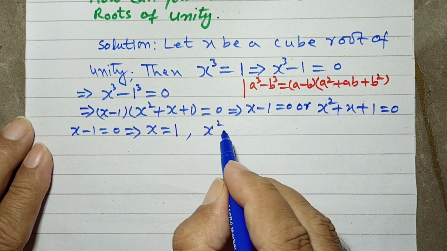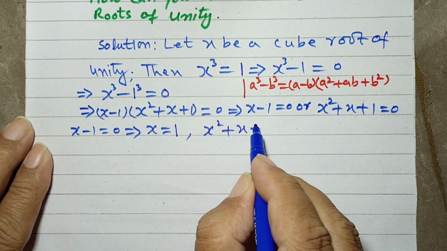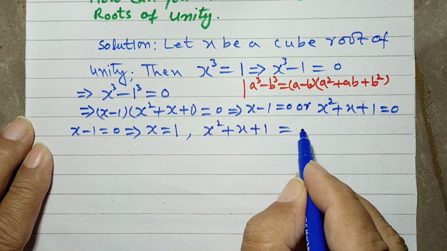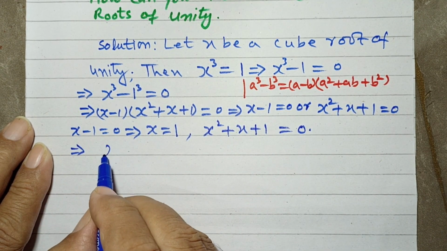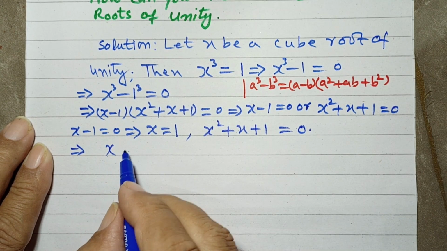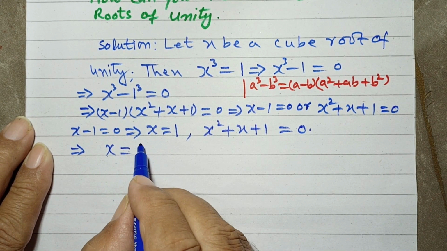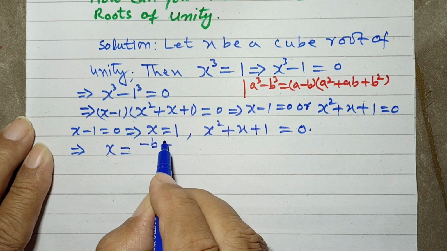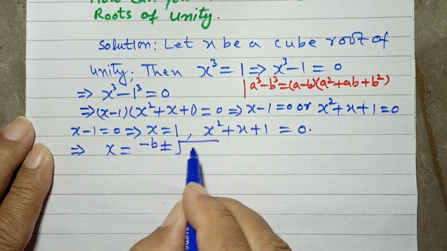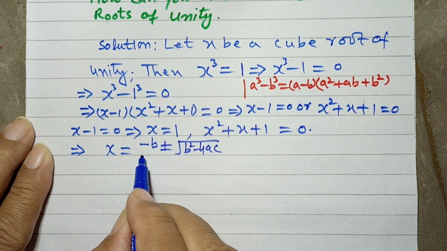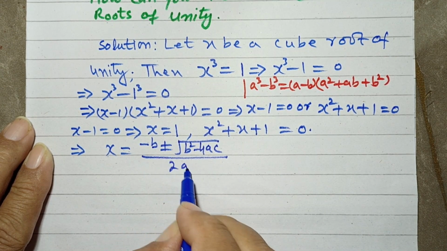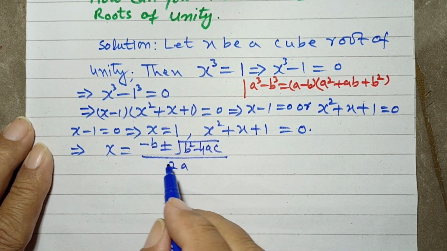x square plus x plus 1 is equal to 0. This implies x is equal to minus b plus minus square root of b square minus 4ac over 2a. This is the quadratic formula.